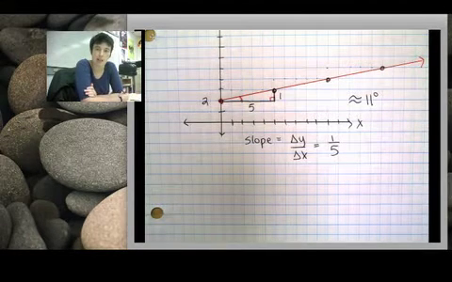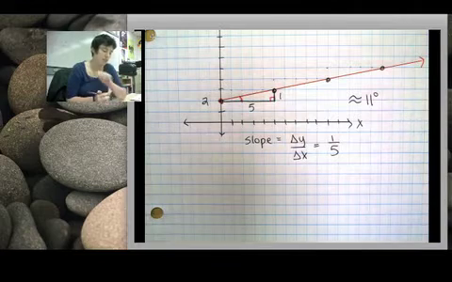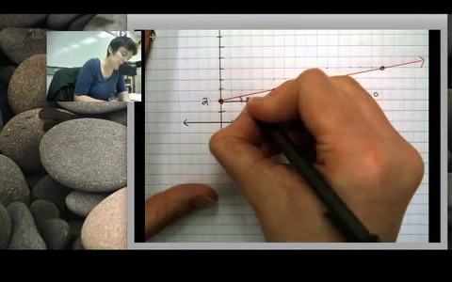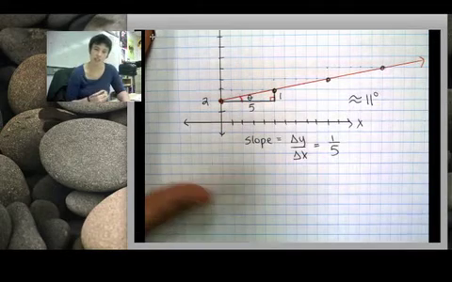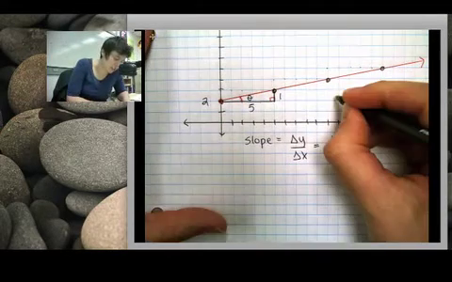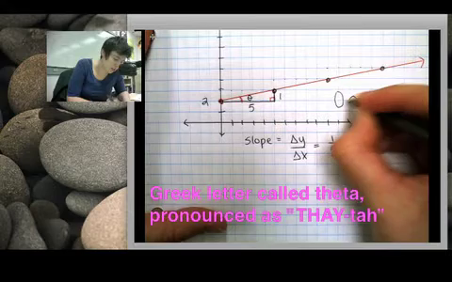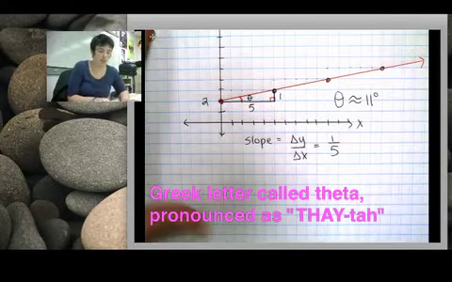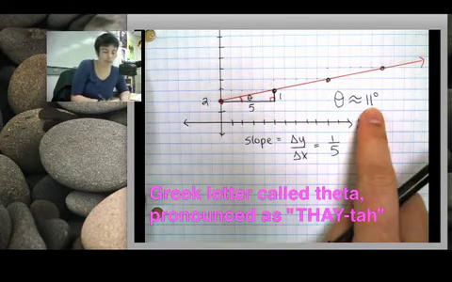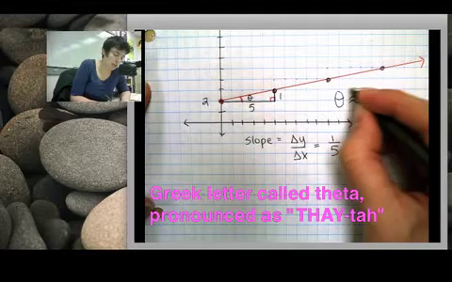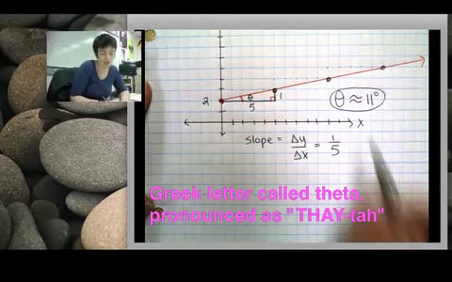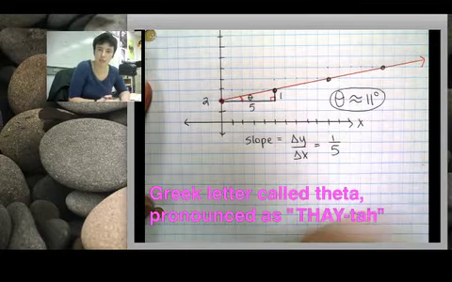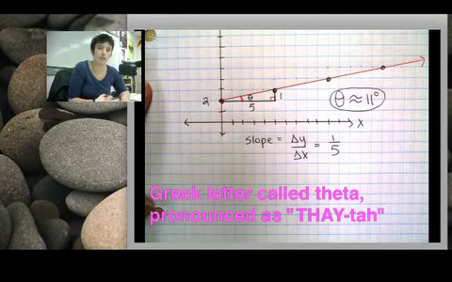A famous variable for an angle that we don't know is called theta. It's another Greek letter. It looks kind of like a 0 with a little loop in it. And we're saying that theta ≈ 11 degrees. I use the squiggly equal sign because it's not exact, but it looks like about 11 degrees.